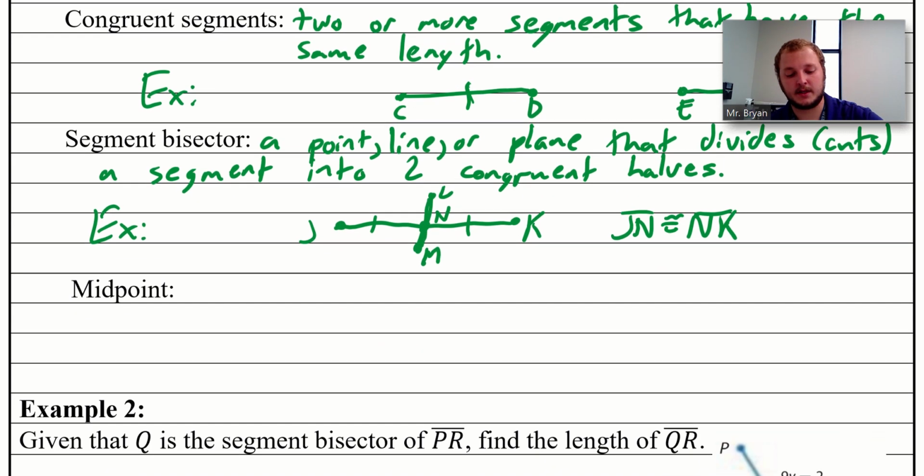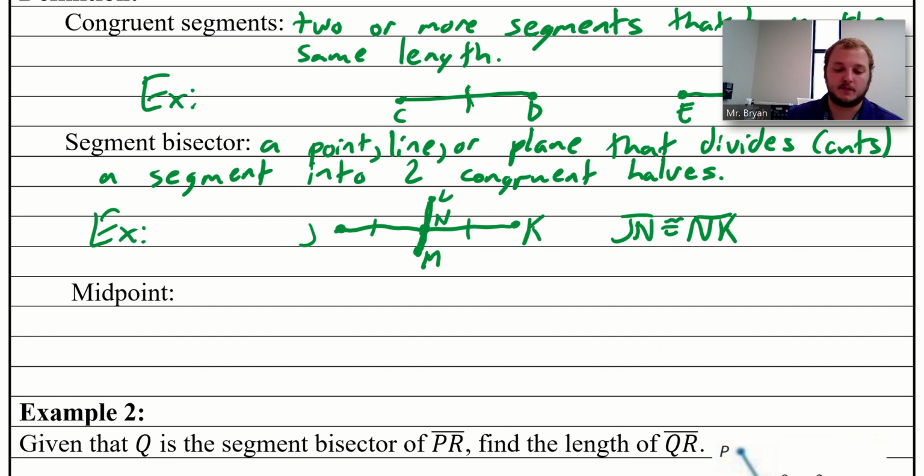And then last definition that we need to learn for today is the midpoint. Midpoint, as a technical definition, we'll try to use something similar to what we just talked about. The midpoint is kind of what you'd expect it to be.